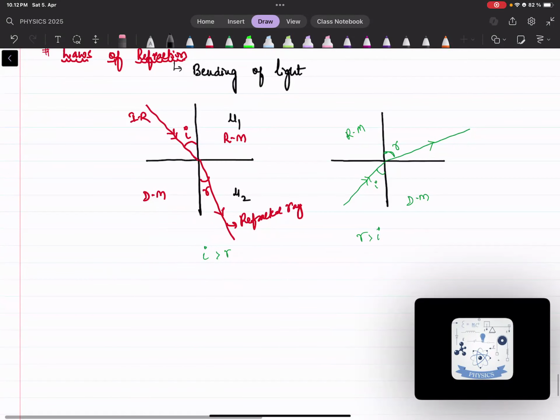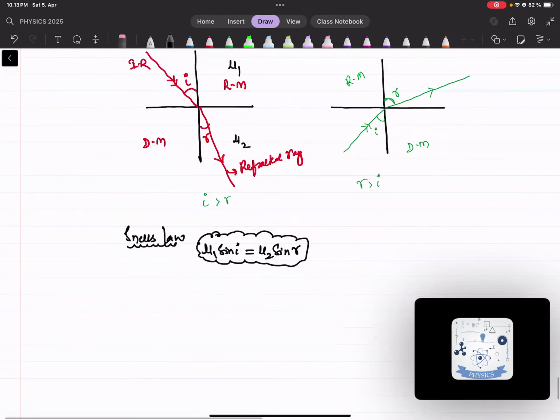What is the formula we have been using for refraction, beta? First formula, you tell me. Snell's law. What is Snell's law? Mu1 into sine i is equal to mu2 into sine r. This is your Snell's law.